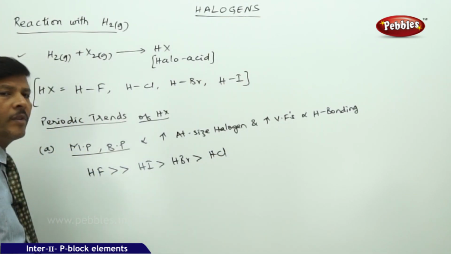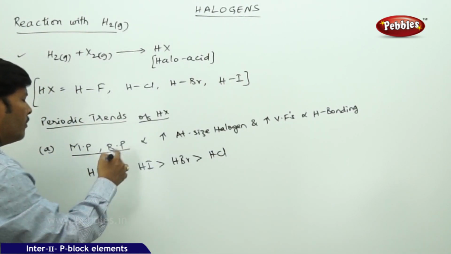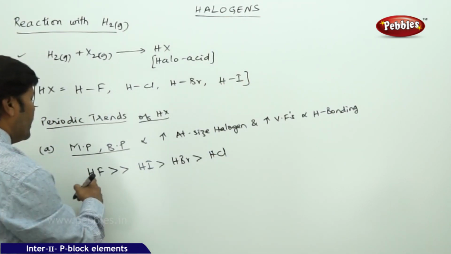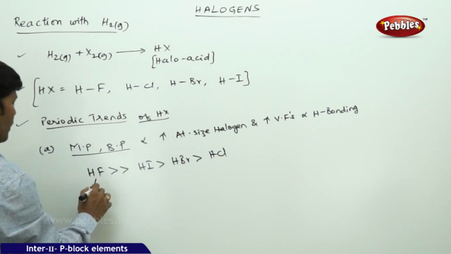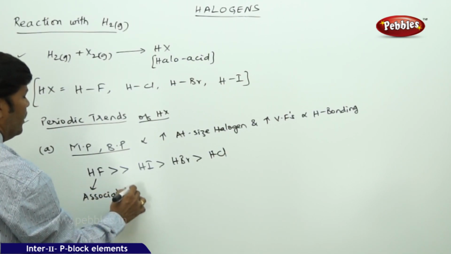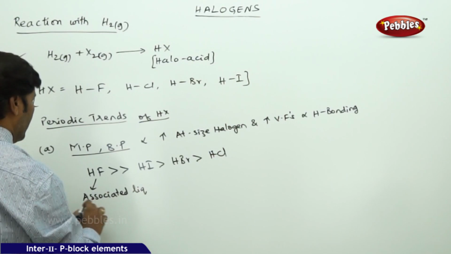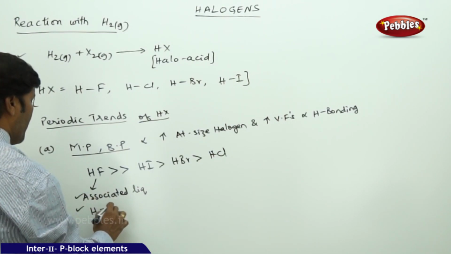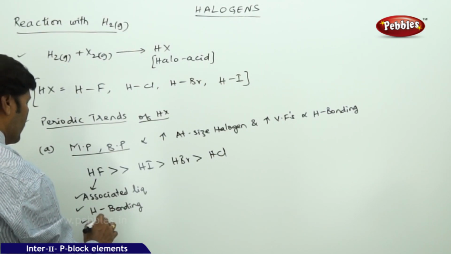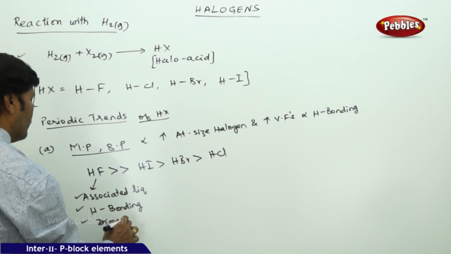Why does this variation come in the melting point and boiling point of the halo acids? Hydrogen fluoride is an associated liquid. It has hydrogen bonding, and it also shows dimeric nature.